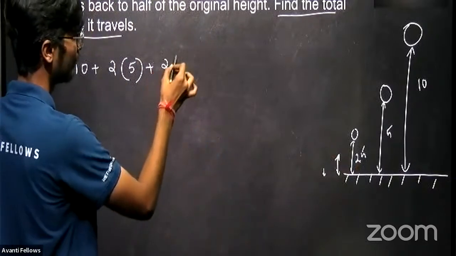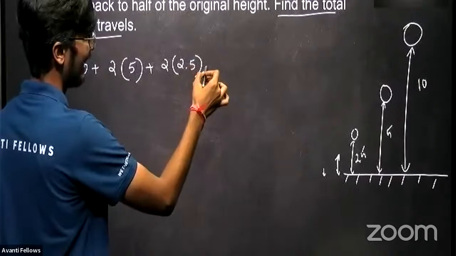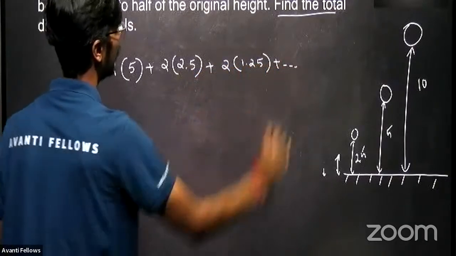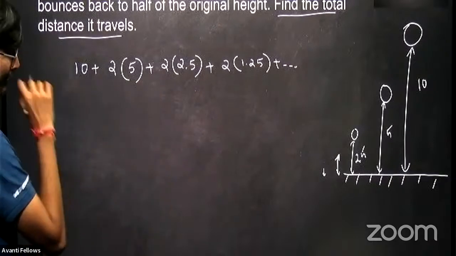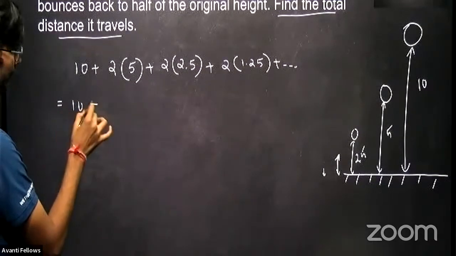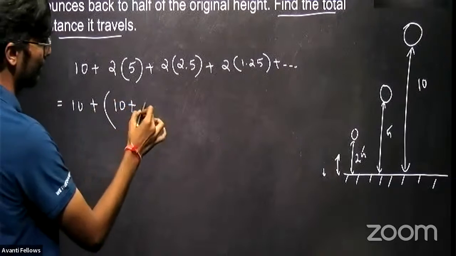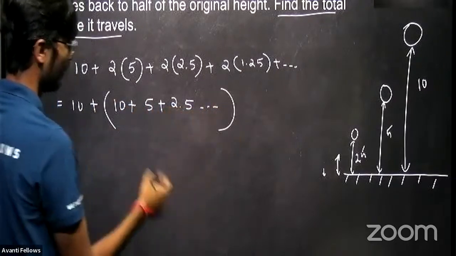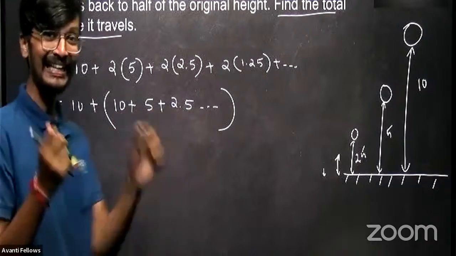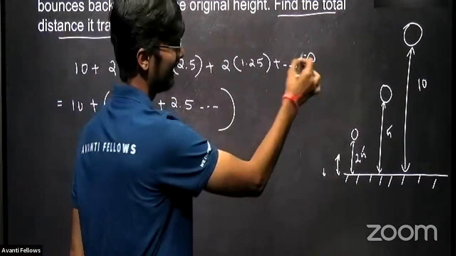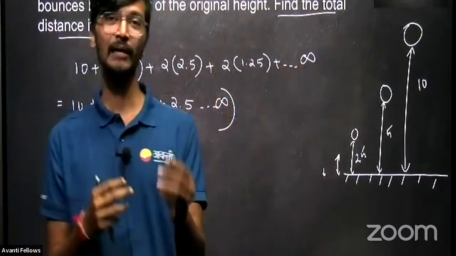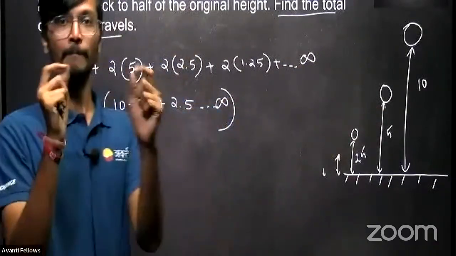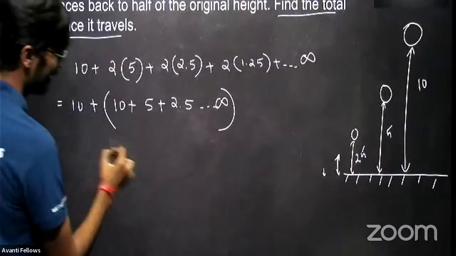So 2.5 is also 2 times, and then it will go half, 1.25 and so on. So from here I can see this is 10 plus 10 plus 5 plus 2.5 and so on. What is this? This is a decreasing GP. This will be infinite, because it will keep on doing that until the ball stops bouncing.